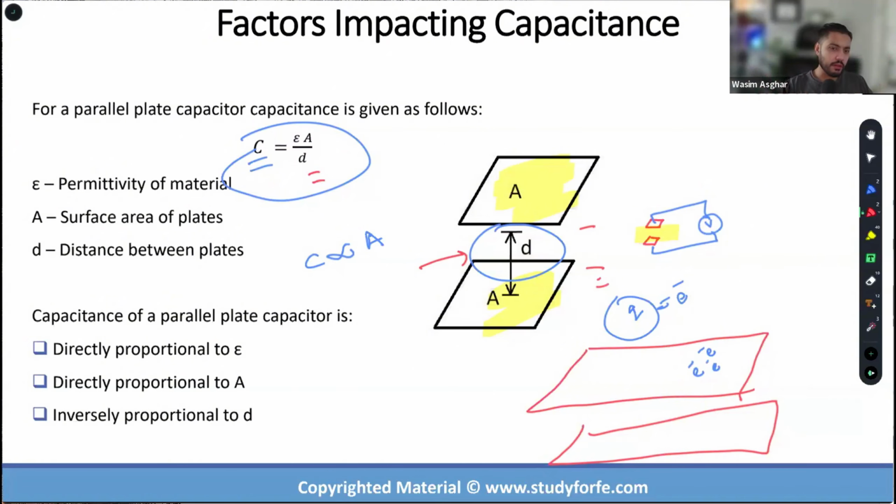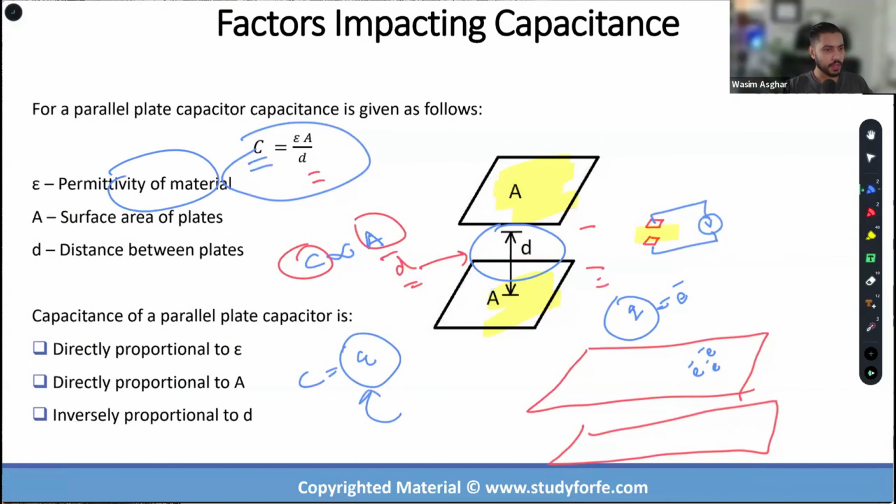And whenever we have proportionality, so inversely proportional to distance, directly proportional to area, remember, whenever we change the proportionality sign to an equality sign, we introduce a constant. And the constant in this case is the permittivity of the material. Okay.